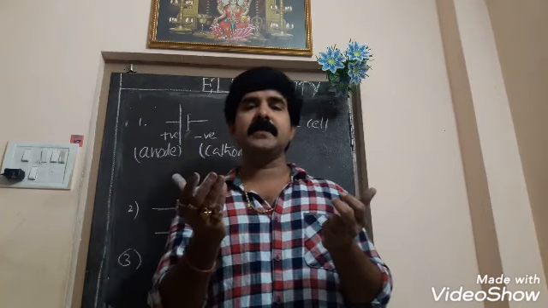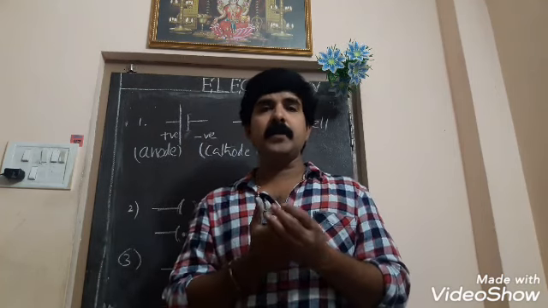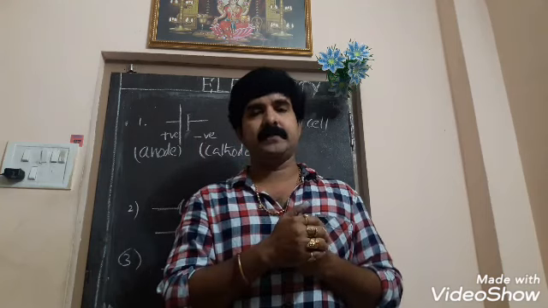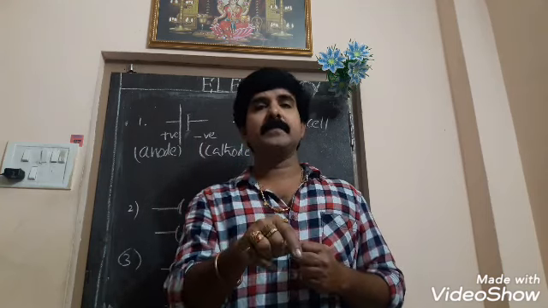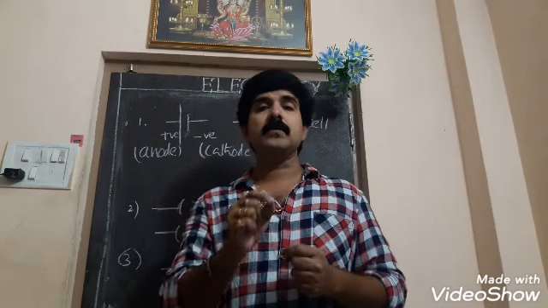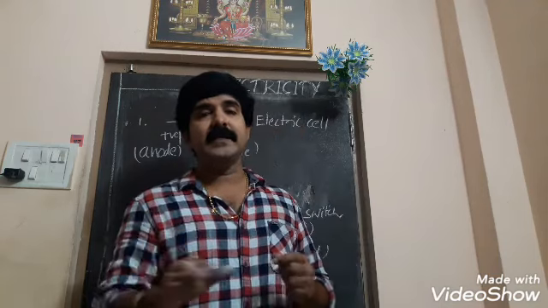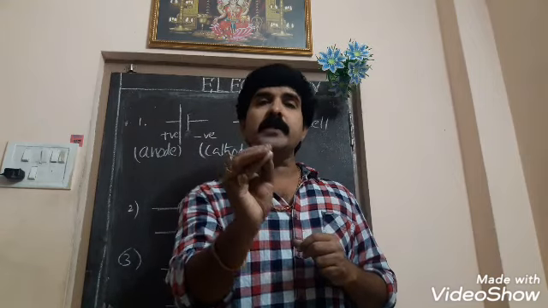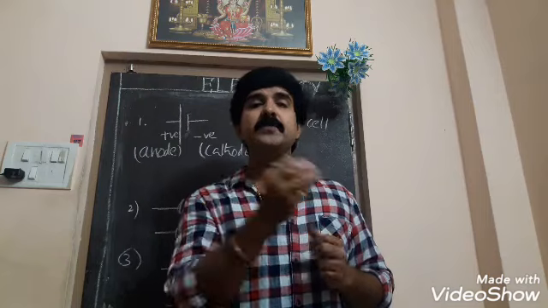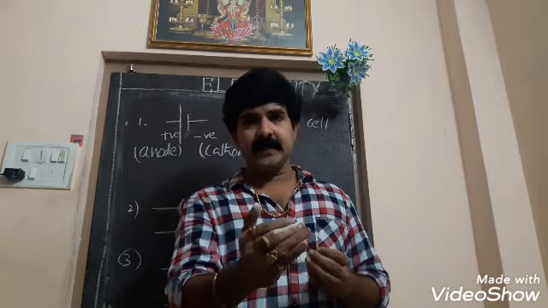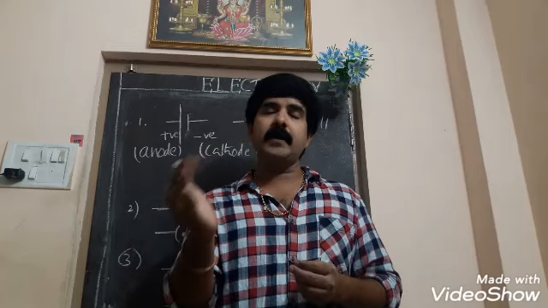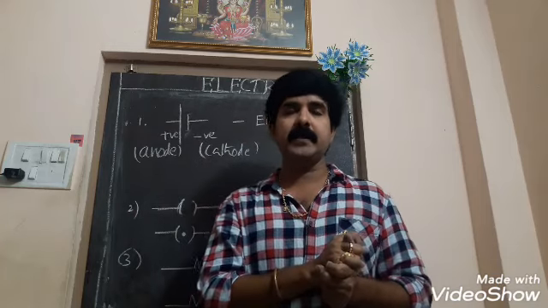Though it is a conductor, you can't say it has 100% conductivity. There is at least 20%, 30% resistivity in some metals. Some have more resistivity and some are very low resistance materials.